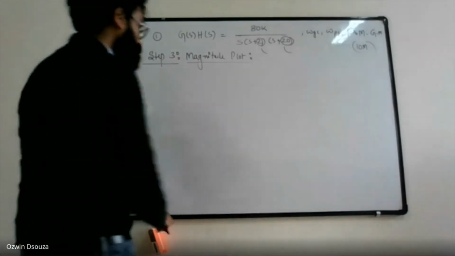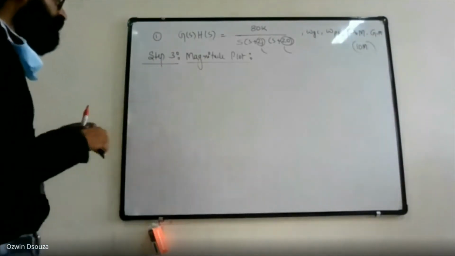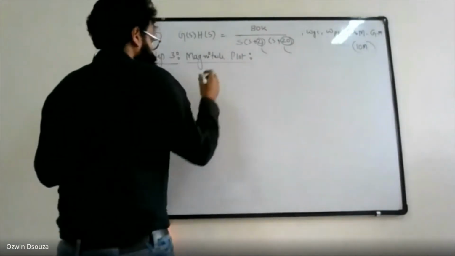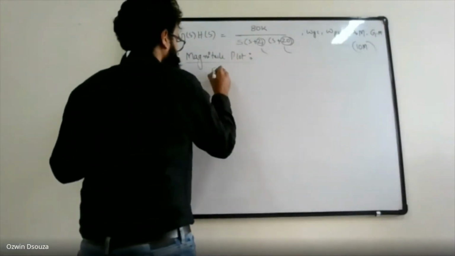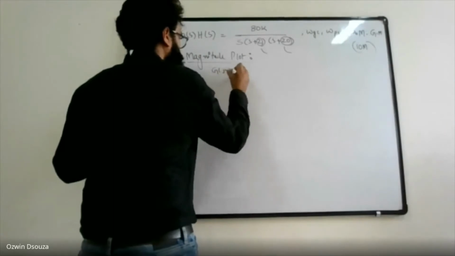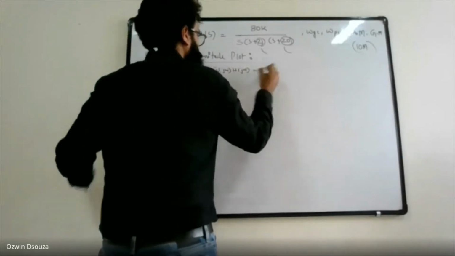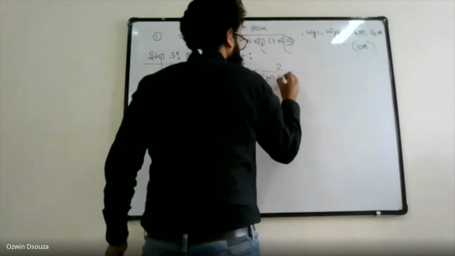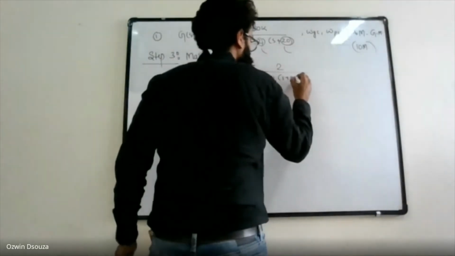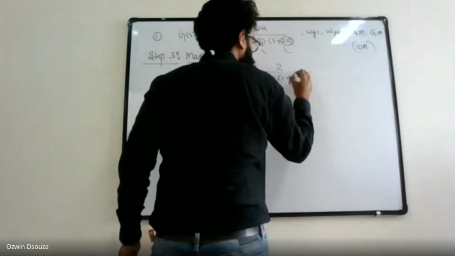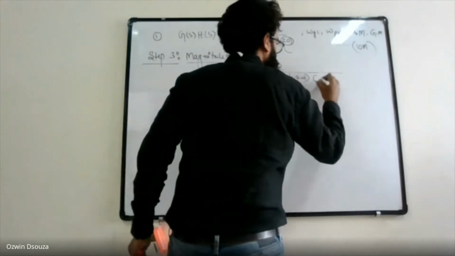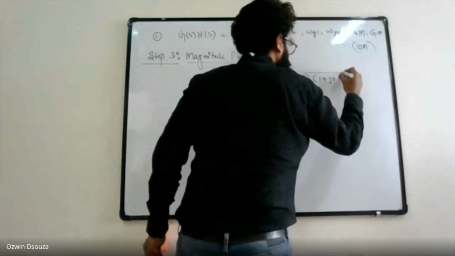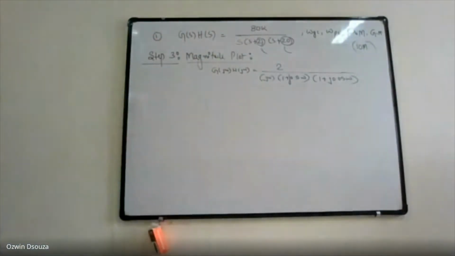So magnitude plot, you can do something like this. First let me write down the transfer function g of j omega into h of j omega is 2 divided by j omega into 1 plus 0.5 j omega into 1 plus 0.05 j omega. All right.